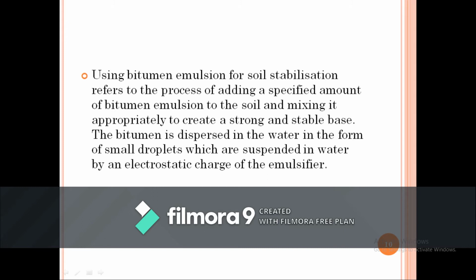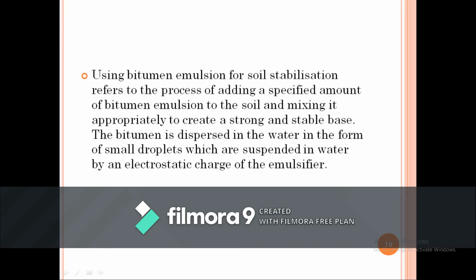Along with that, whenever there is some water falling onto this particular layer, the water droplets, when they expel out from the surface, carry some electric charge because of the charge of the emulsifier. This particular concept is being used in bitumen emulsion.